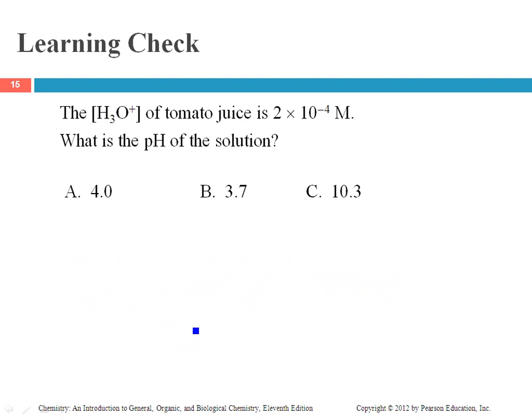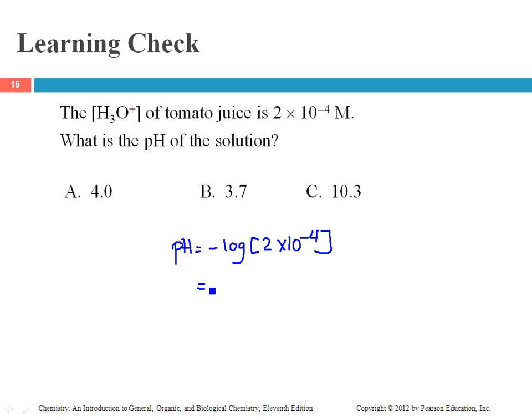Another practice problem. Tomato juice has a hydronium concentration of 2 times 10 to the negative 4. So if we take the pH equal to the negative log of 2 times 10 to the negative 4, we have one significant digit, so we're going to have one number after our decimal place.